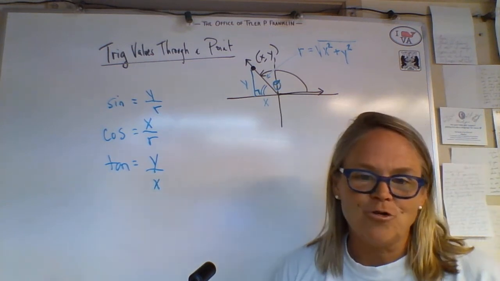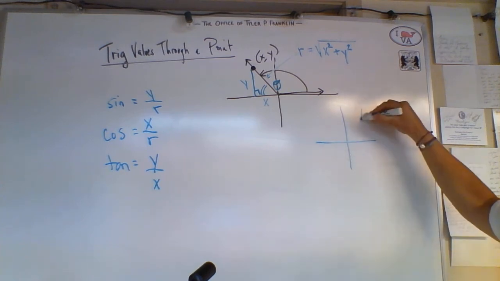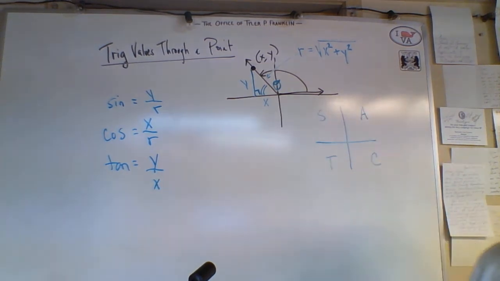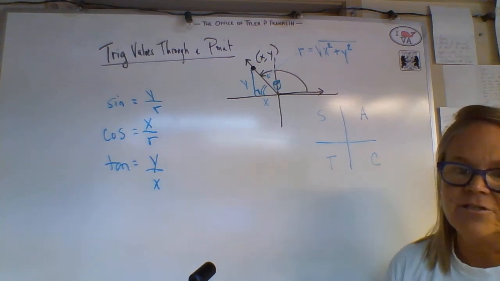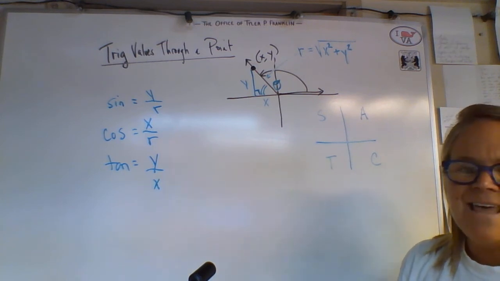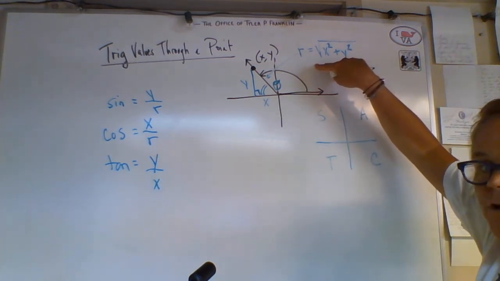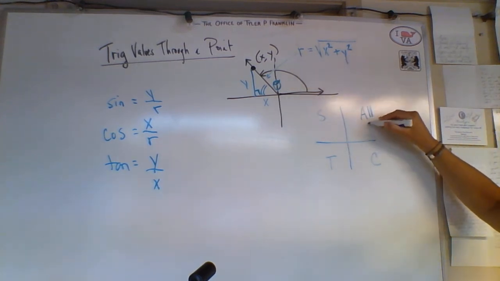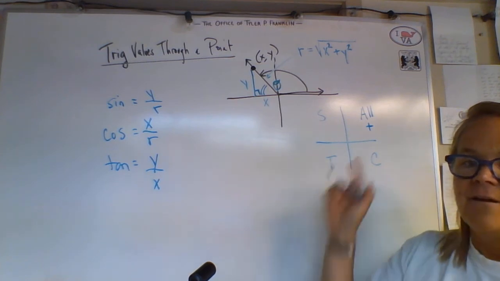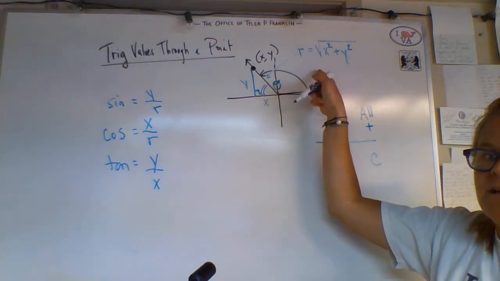In trig, we have a little saying for the signs: All Students Take Calculus. What does that mean? In the first quadrant, all trig functions are positive because your x and your y are positive.